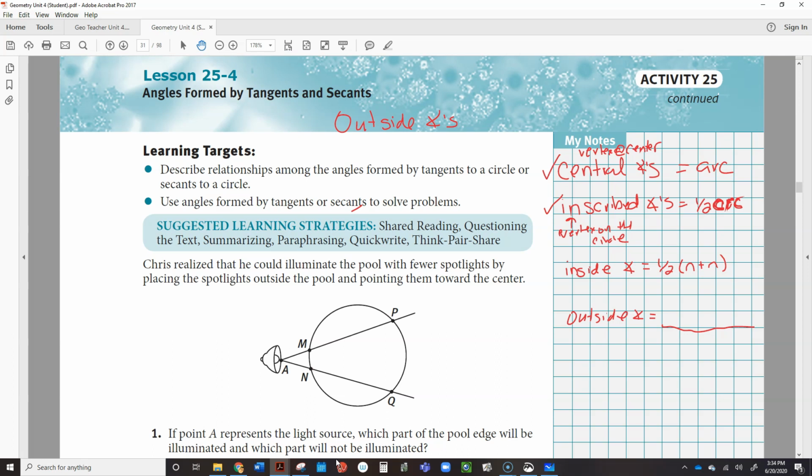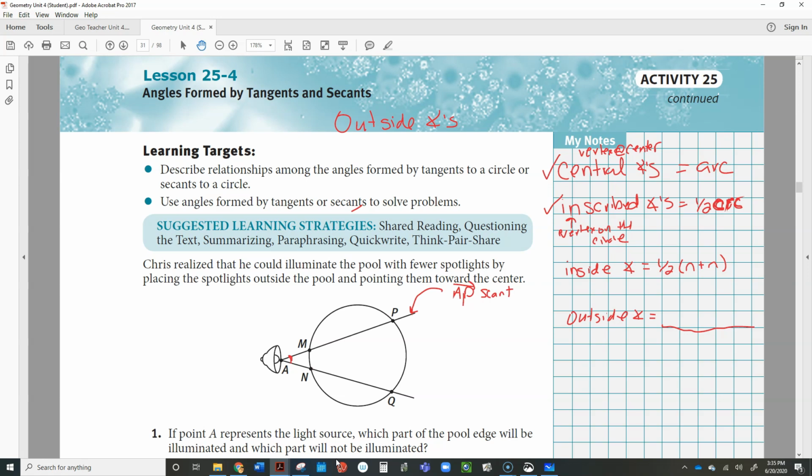So first of all, we're dealing with angle A right here. Angle A is formed outside, and I hope you do recognize that AP right here, or we can even call it ray AP, is a secant. It touches the circle in two places.